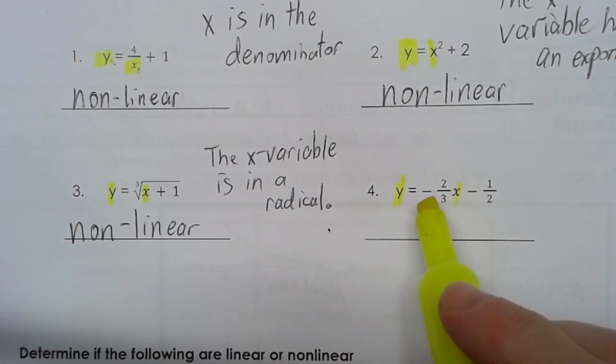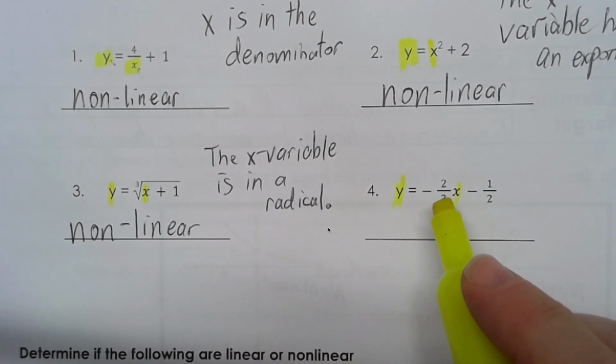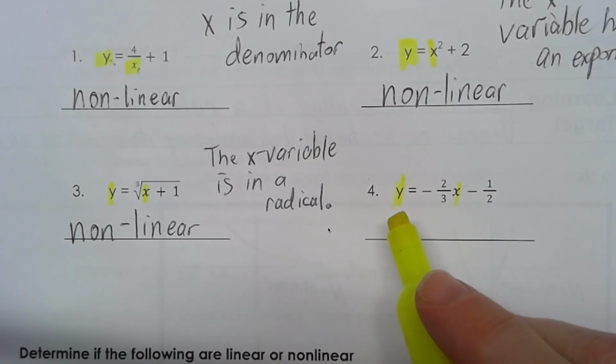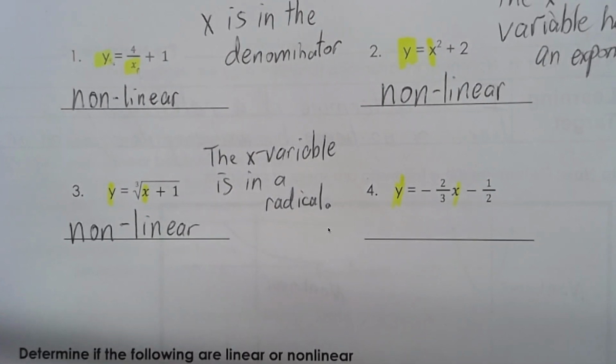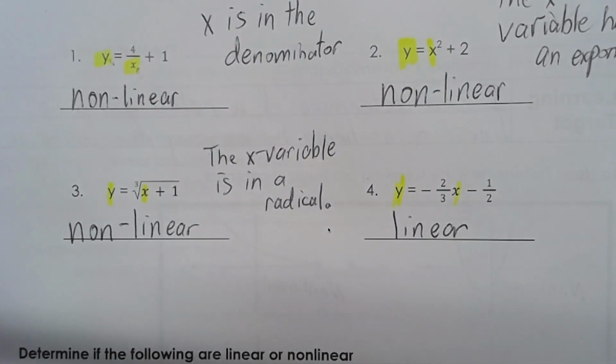Are any of these 2 variables in the denominator of a fraction? Y is not, and neither is x. So we pass that. And our last question, are any of these variables inside of a radical sign? None of these are. The answer to all 3 of those questions was no, so this is a linear relationship.